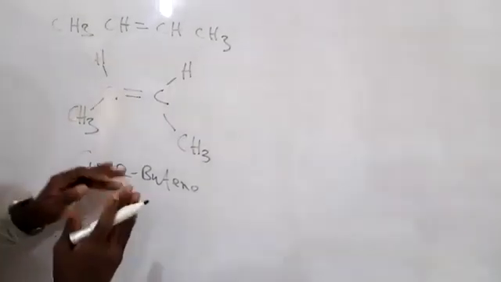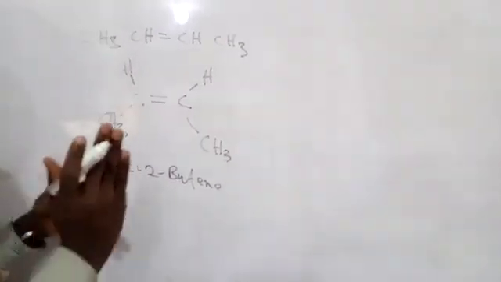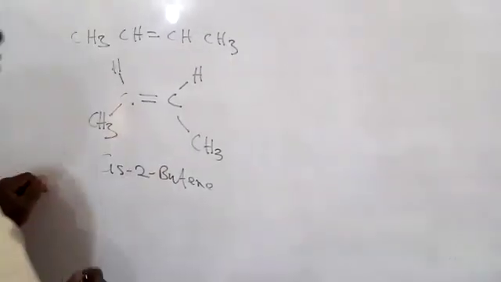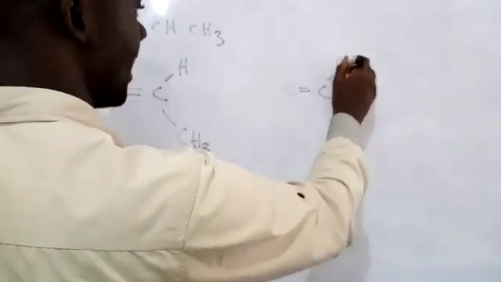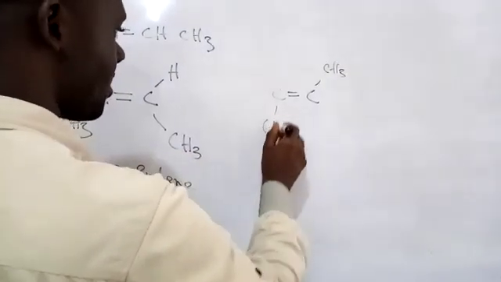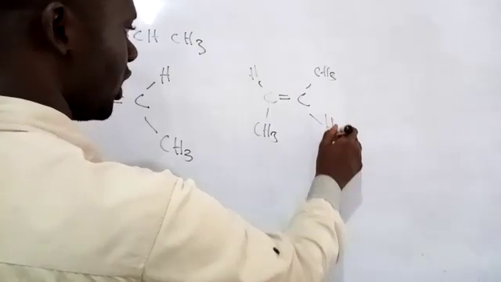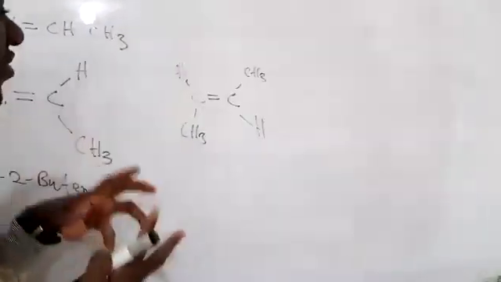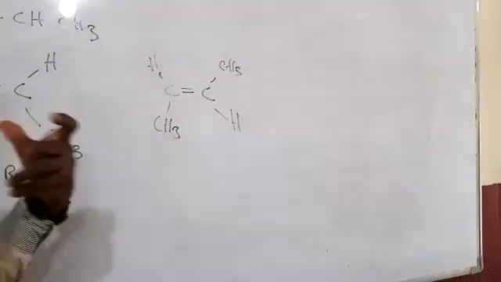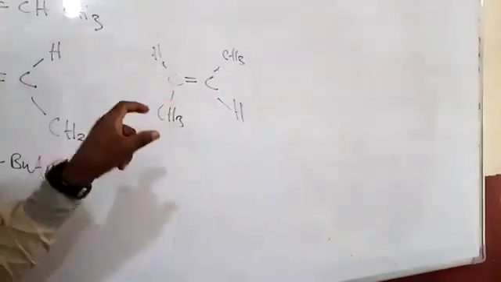Now, if we alternate it, making the larger groups be on opposite sides of the double bond, we have C double bond C, then CH3 and CH3, with H here and H here. If you look at this compound, you see that the two larger groups are on opposite sides of the carbons bearing the double bond. This double bond is otherwise called pi bond.